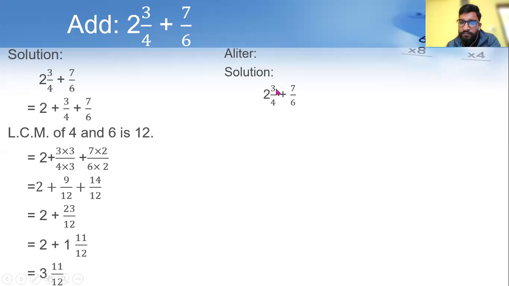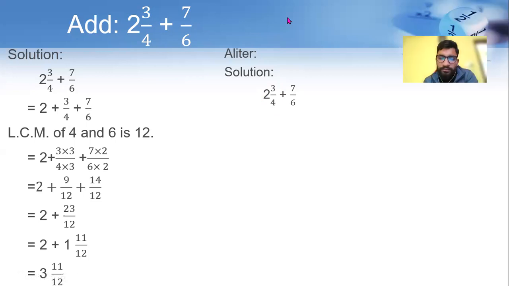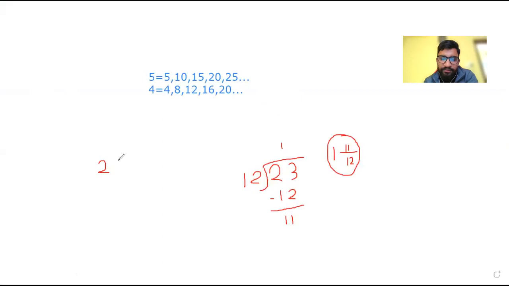How to convert 2 whole 3 by 4 into improper? We learned this, right? 11 by 4, yes, that is exactly 11 by 4.